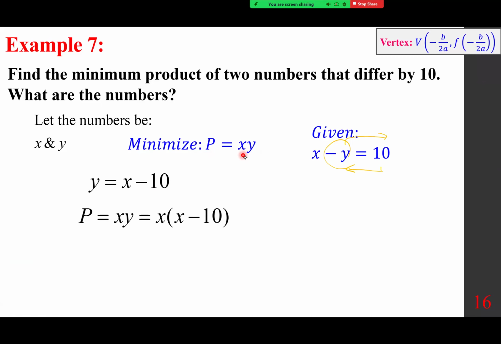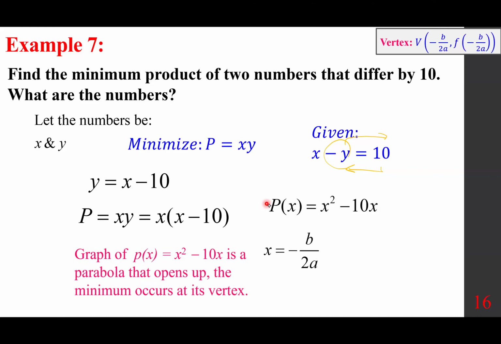And now I'm going to call it P of x equals x squared minus 10x. This is a quadratic function. Its graph is a parabola that opens up.